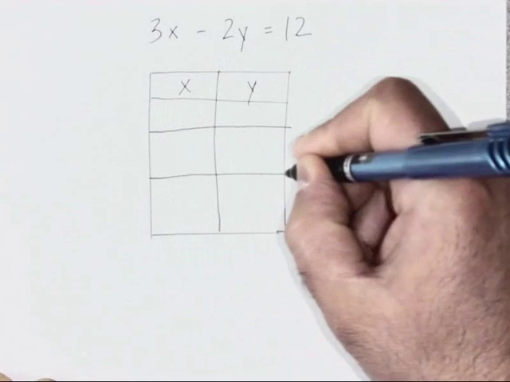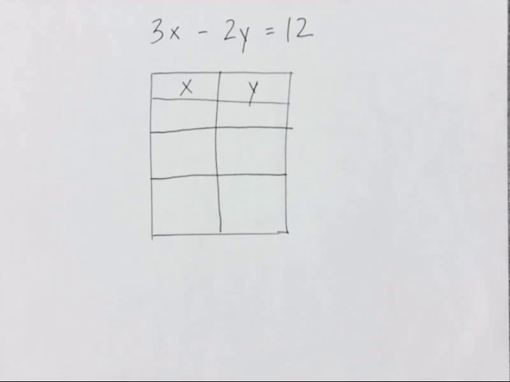I want to use 3 points once again. I want to try to pick points that are going to work out easily in terms of me being able to solve this equation. So when I see a setup like this where I have the x and the y both on one side of the equation, I immediately start thinking about plugging in 0.